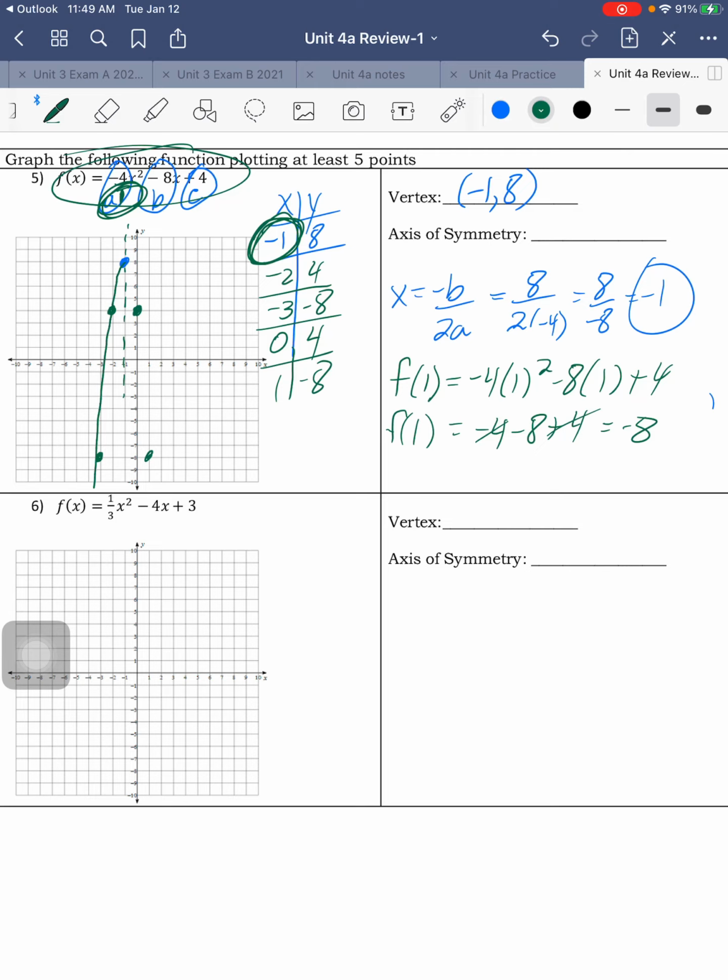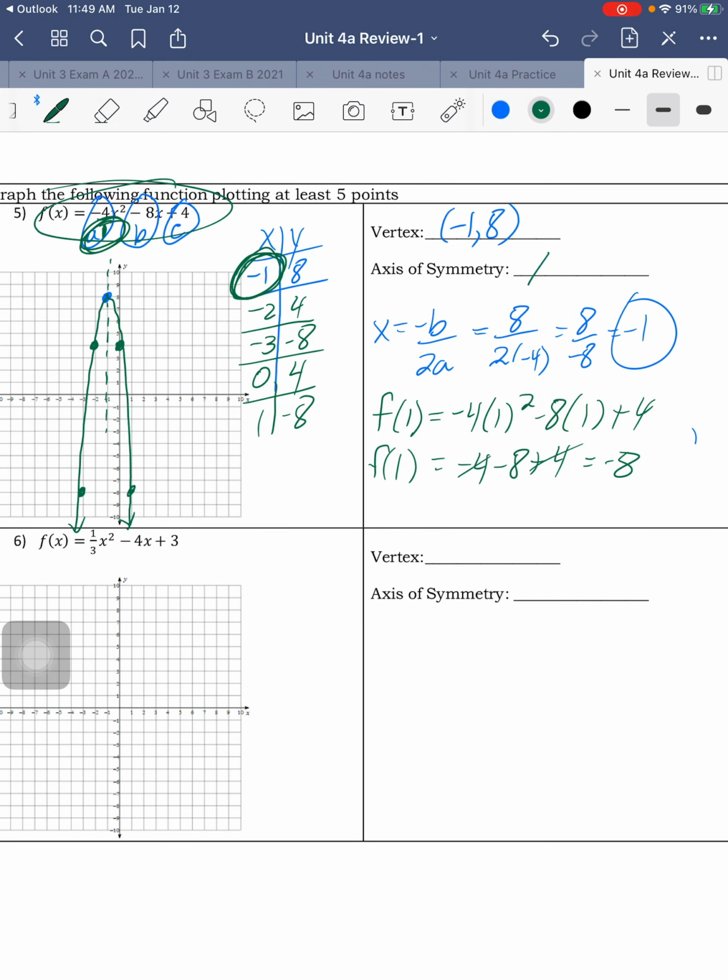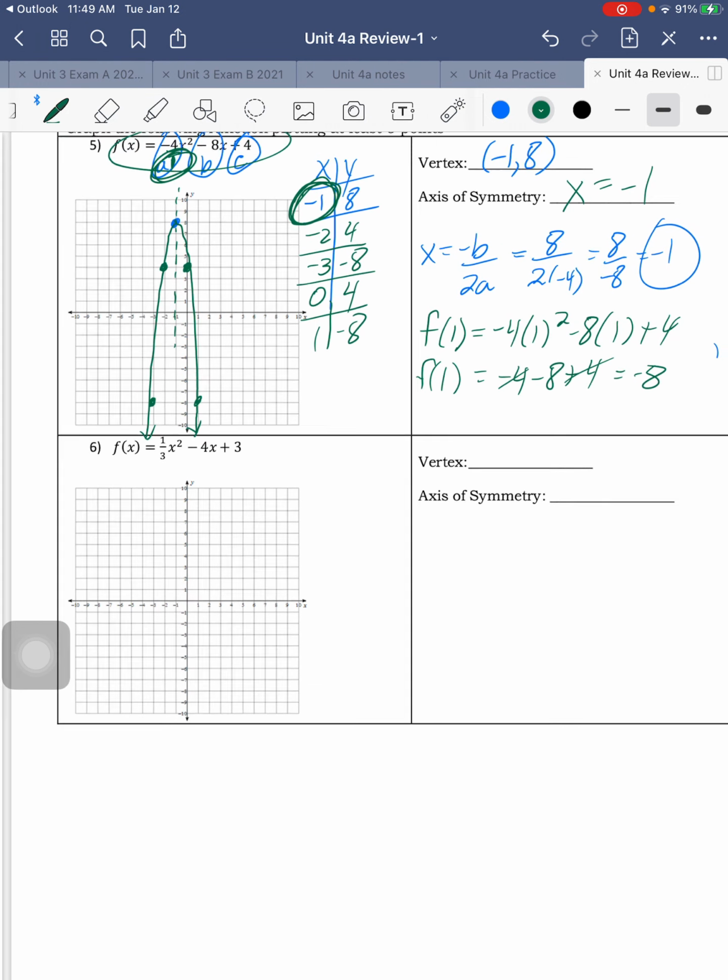So this graph is super narrow, and the reason it's that narrow is because of the -4. The axis of symmetry is x equals -1, the x value of the vertex.